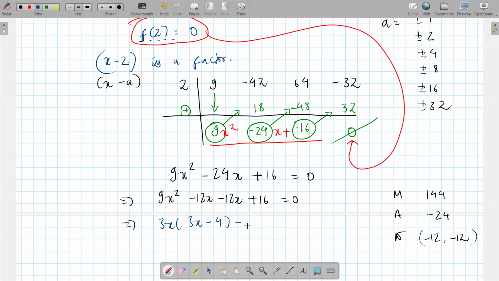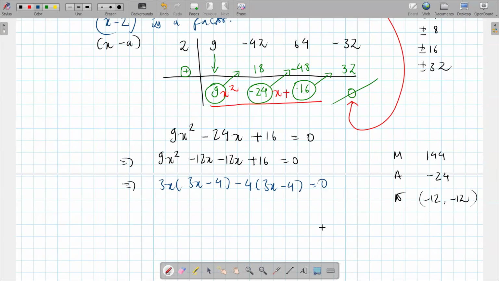And if you're not sure about this, we have tons of videos on the exact same thing. Like that. Did that make sense? 3x, 9x squared, 12x. It makes perfect sense. So 3x minus 4 squared equals 0. That means this is your x-intercept, but keep in mind now this has an order 2.